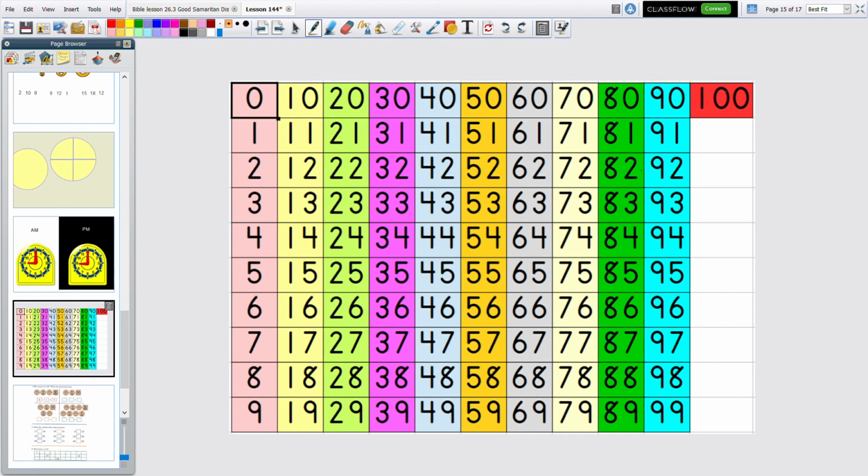So we've already counted up to 50 by twos. Now we're going to count from 50 to 100 by twos. Are you ready? Take a deep breath, because we got a lot of counting to do.